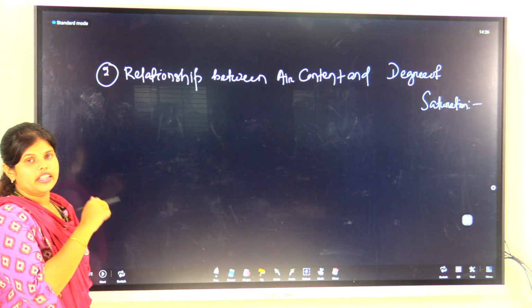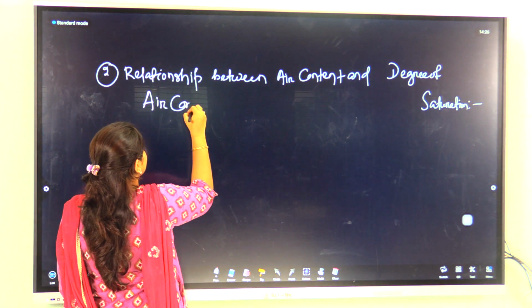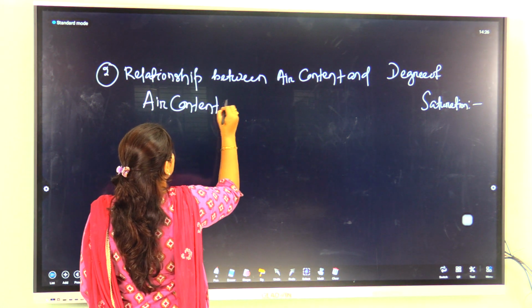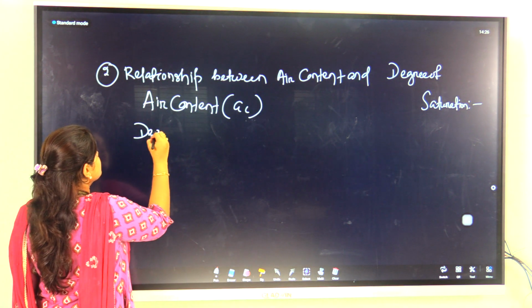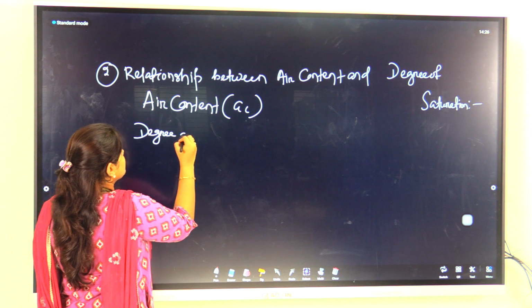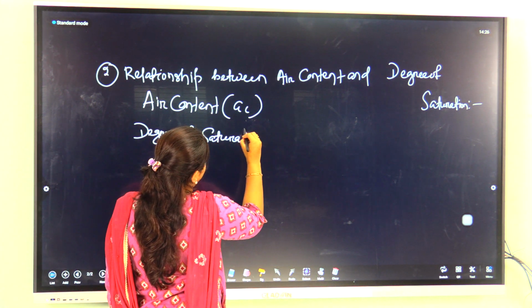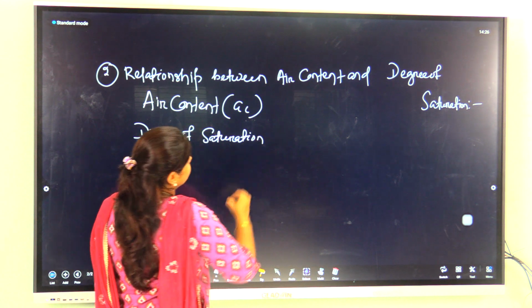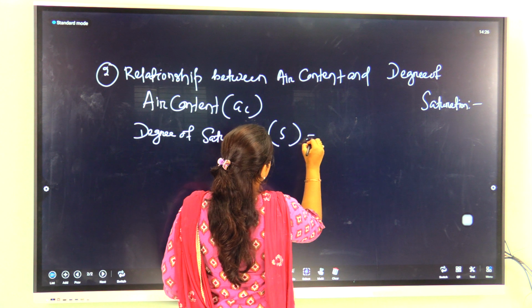In air content, we know that the symbol for air content is AC, and degree of saturation is denoted by S.